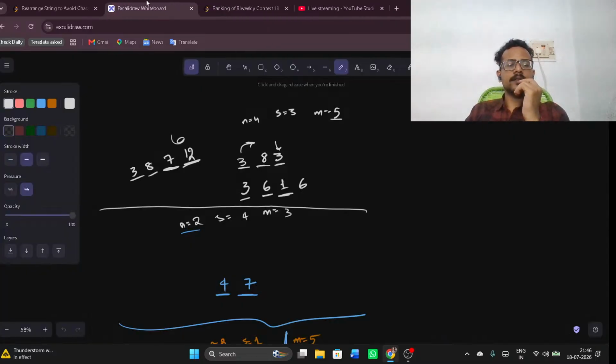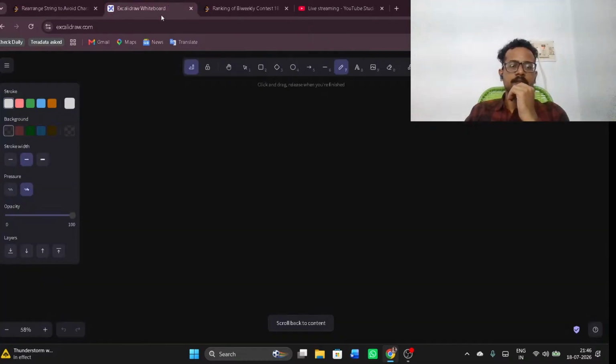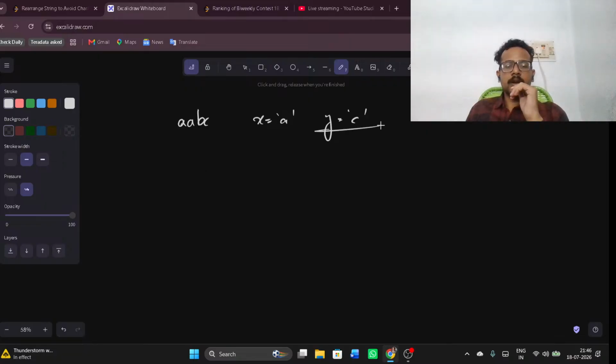So how can we do this? Let me take an example. A, B, C, X is equal to A, Y is equal to C. Y should come before X, right? So take all those characters which are Y. So I'm taking C, and then I can either put X or I can put the other values.